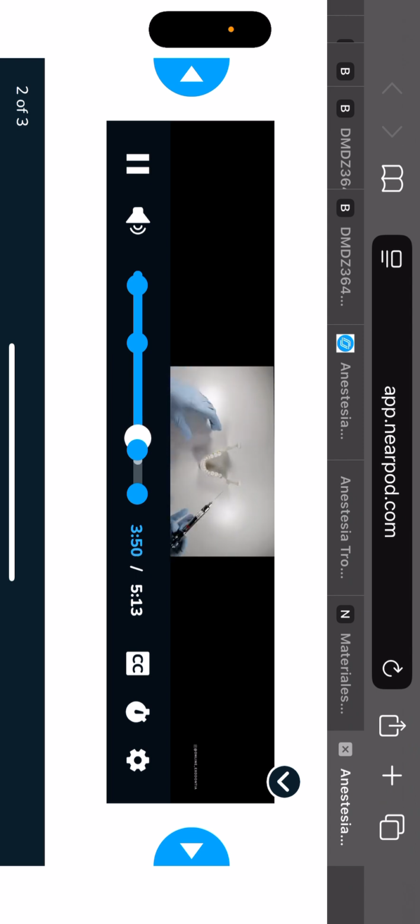Another tip that I can give you is to use basically a double dose of the anesthetic. So you could use this in cases where maybe someone has had trouble with anesthesia in the past, or maybe if you're doing a surgical procedure.